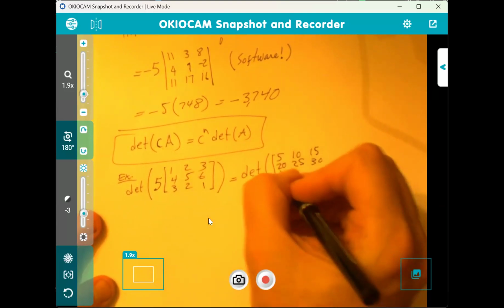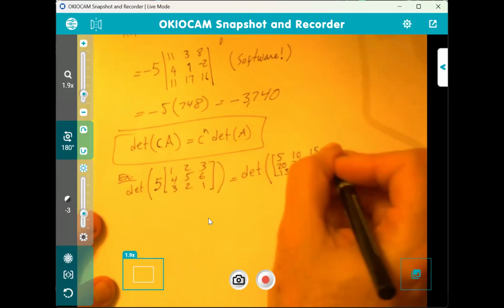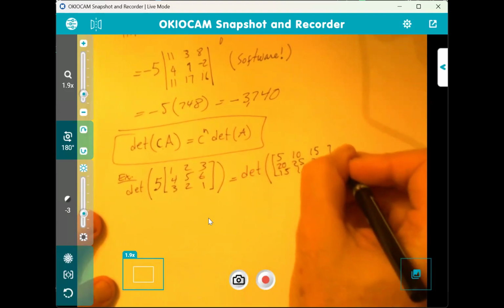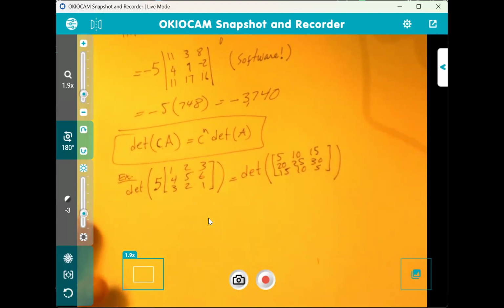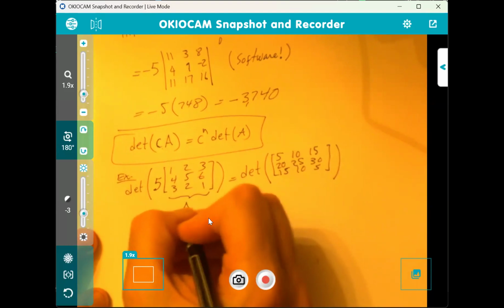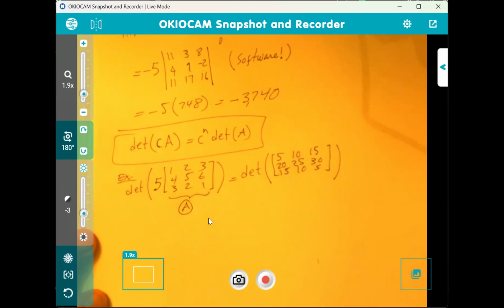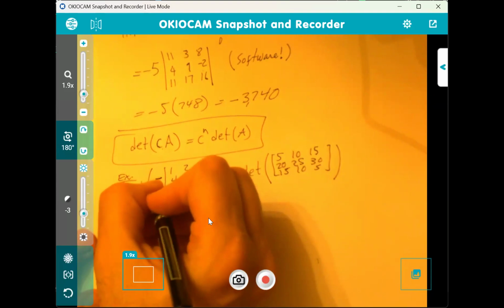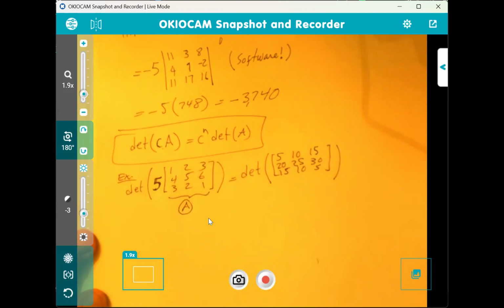The third row, 15, 10, 5. Right? So that's what I want to find. Now, remember, this is your A, the original matrix before we multiplied it by a scalar.